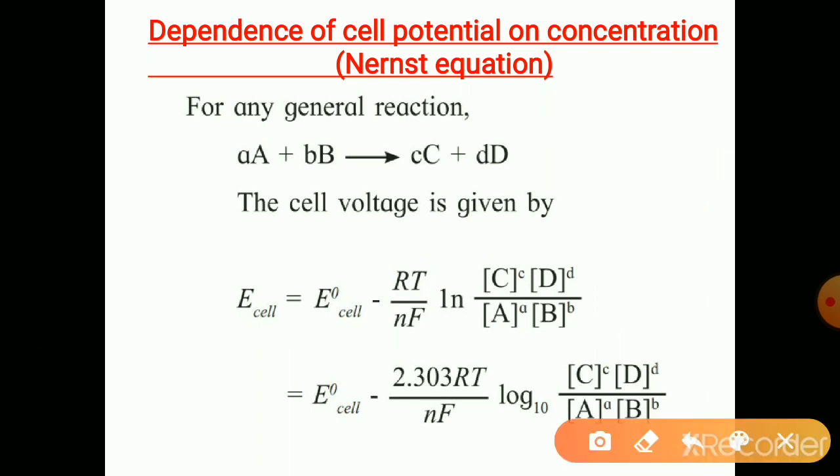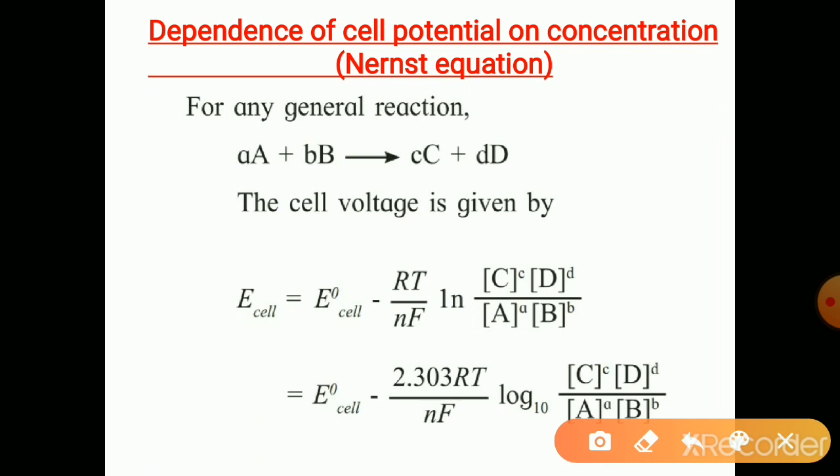Here in this equation, R is the gas constant, T is the temperature, N is the number of electrons involved in the cell reaction, and F is the Faraday. This is the concentration term: concentration of products raised to their coefficients divided by concentration of reactants raised to their coefficients. Now the natural log is converted into log to the base 10.